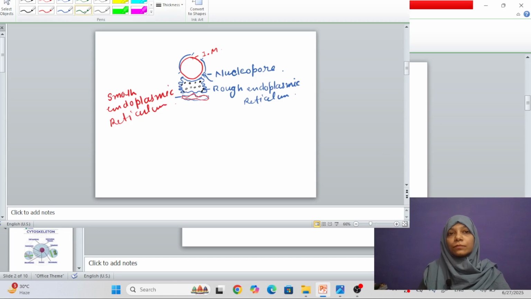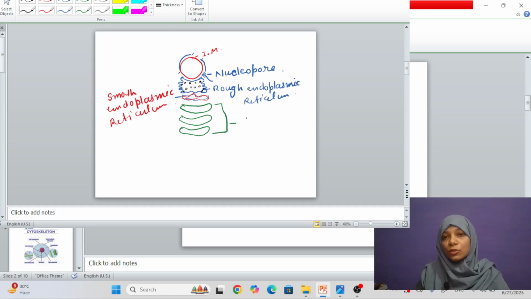Now, here is the Golgi complex. It looks like this. This is called the cis, trans or medial Golgi. This whole structure is called the Golgi apparatus or Golgi complex.